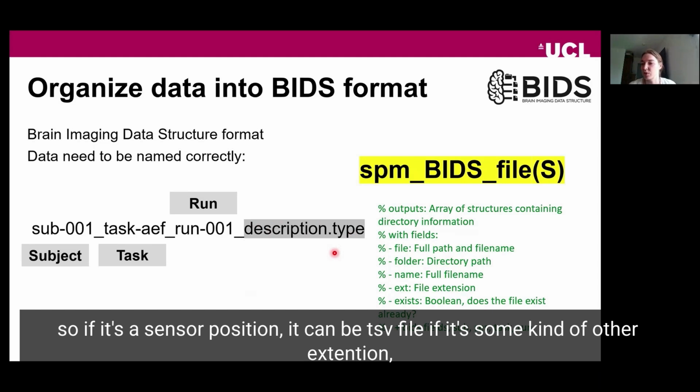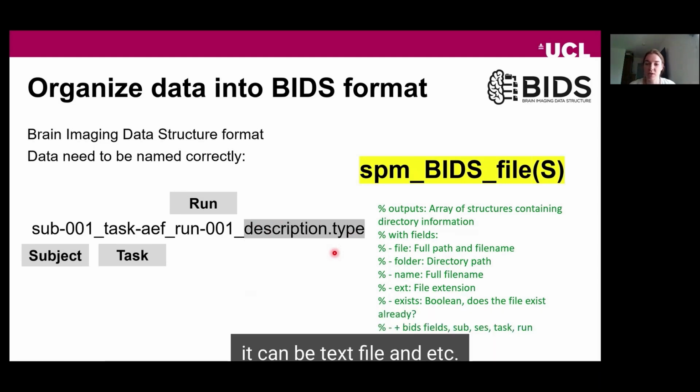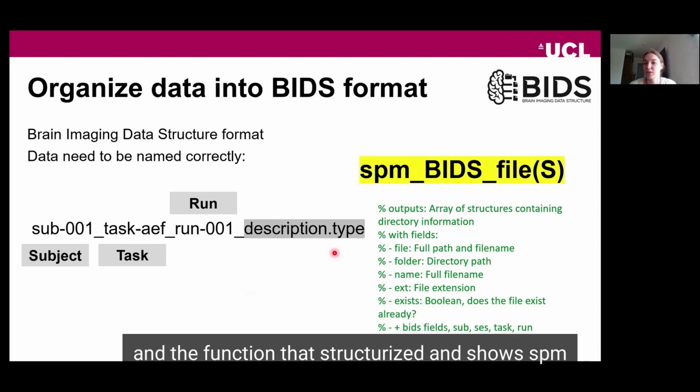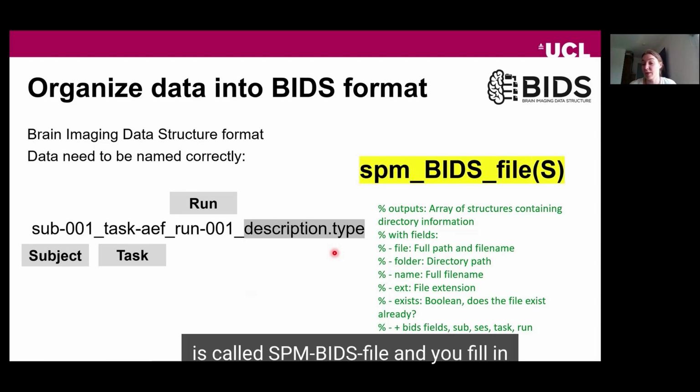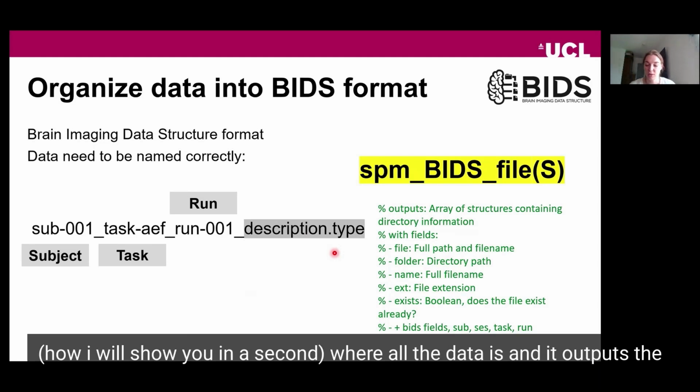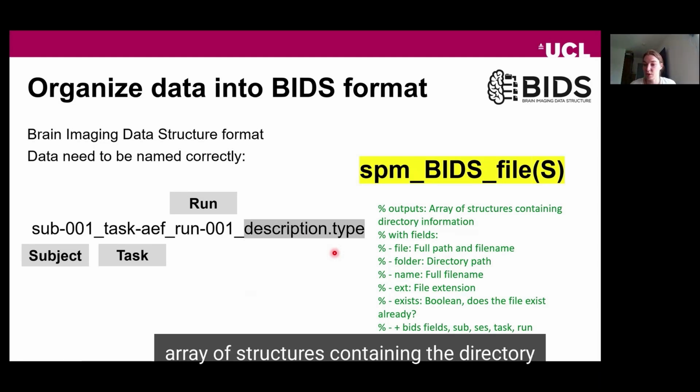If it's some other metadata, it can be a text file, etc. The function that structures this and shows SPM where all these files are, the main data file and all the peripheral files, is called spm_BIDS. You fill in, as I will show you in a second, where all the data is, and it outputs an array of structures containing the directory information.